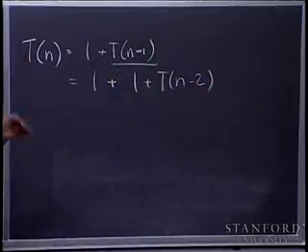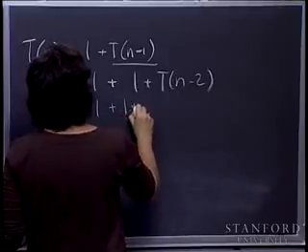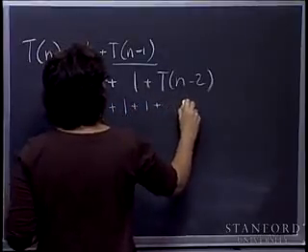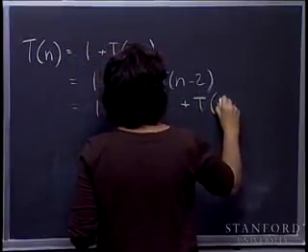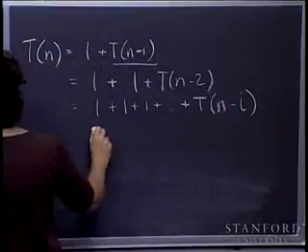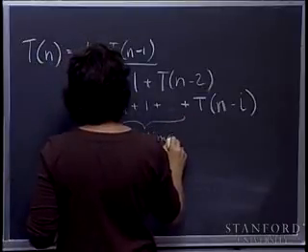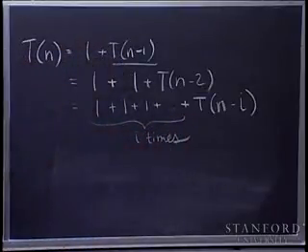And if I apply that again, I should get another term of 1. And so after I have done this i times, then I will have a bunch of 1s added up together, and I will have subtracted an i from n in the T term.